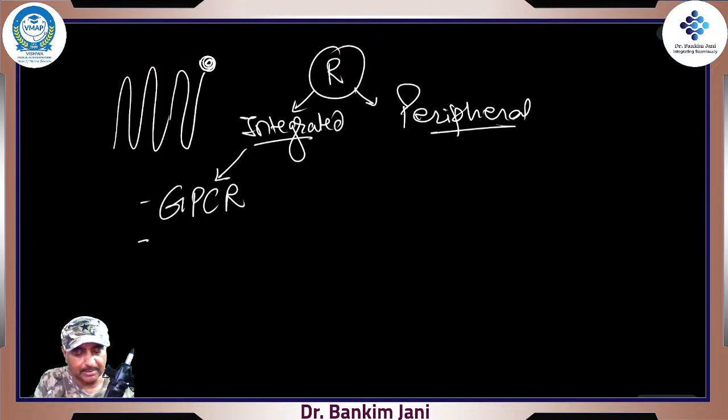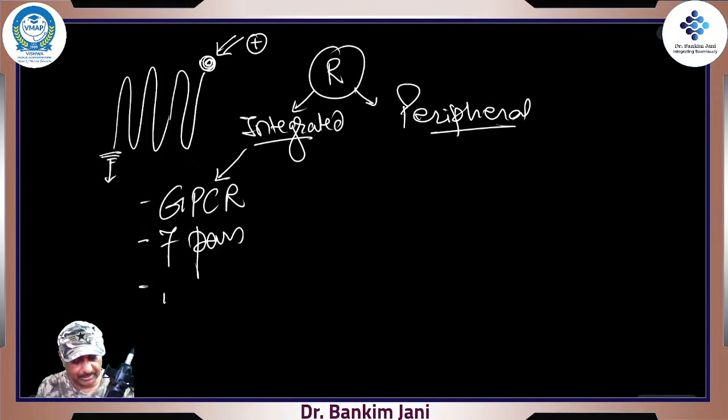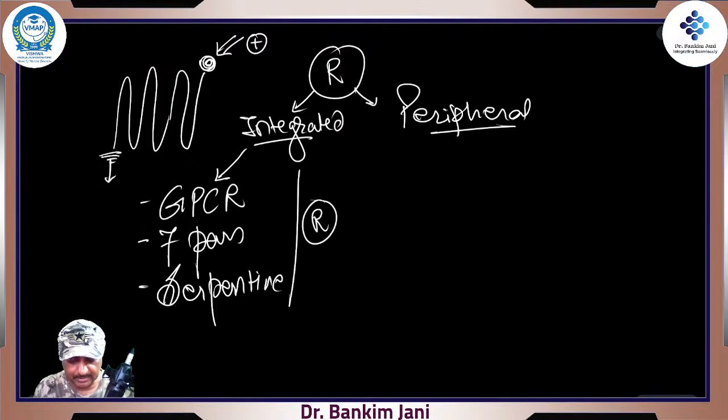Here is the stimulatory ligand, and here is where the inside of the cell would be affected. So that is also called the 7 pass or serpentine receptors, all the same names. These were our integrated receptors.